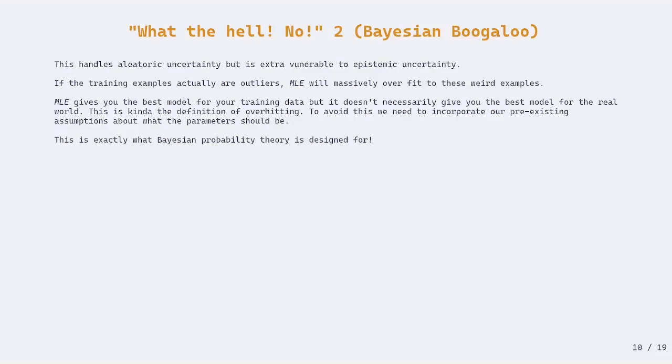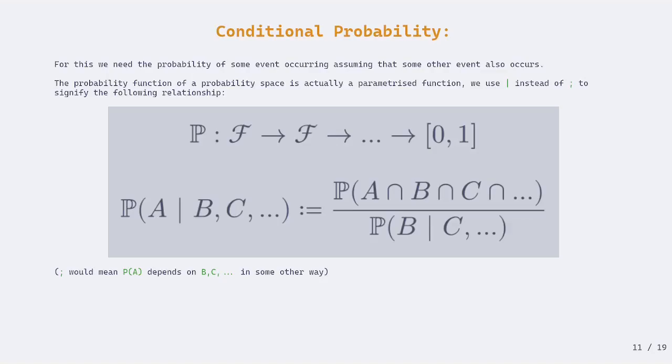We want to incorporate our pre-existing understanding of what our parameters should be, and so if the training data pulls them over into crazy land, then your pre-existing assumptions are going to work against that and stop you from overfitting too hard. And the idea of incorporating your prior understanding of distributions is exactly what conditional probability and Bayesian probability theory is all about. So we're going to spend some time talking about Bayesian probability and conditional probability.